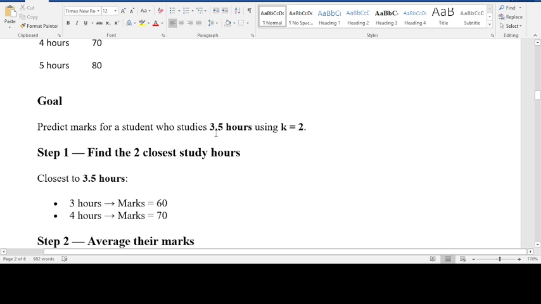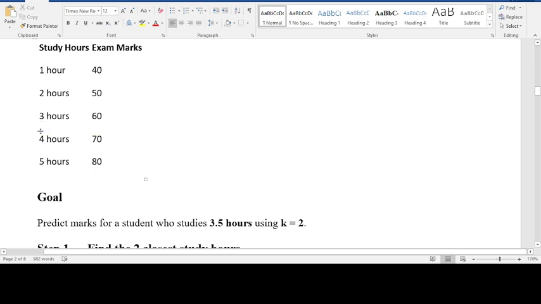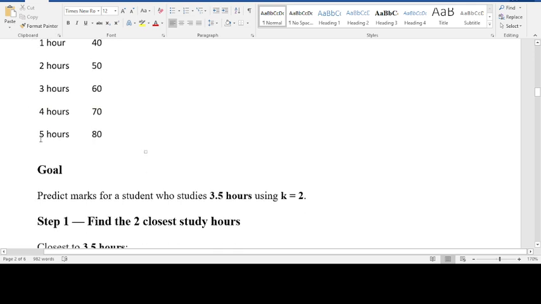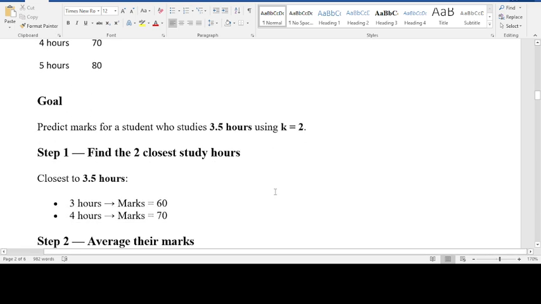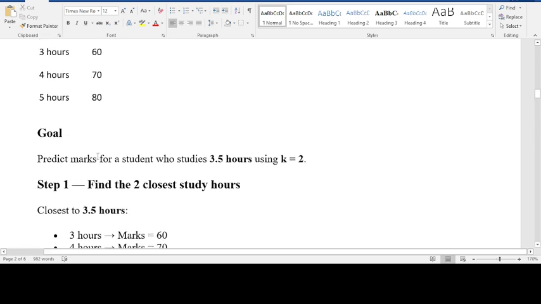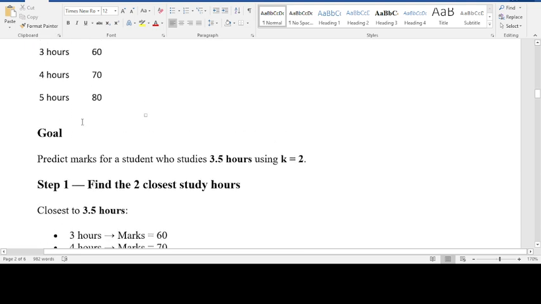What are the nearest values? 3 and 4. Now we see the table, 3 and 4. These are the nearest values. K equal to 2 means I am finding two values. If you take k equal to 3, you take 3 values. If you take k equal to 4, you take the 4 nearest values. Now I am taking k equal to 2. So 3 and 4 are the nearest values for 3.5.